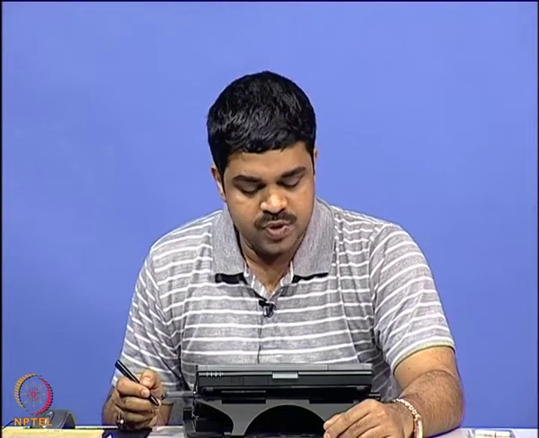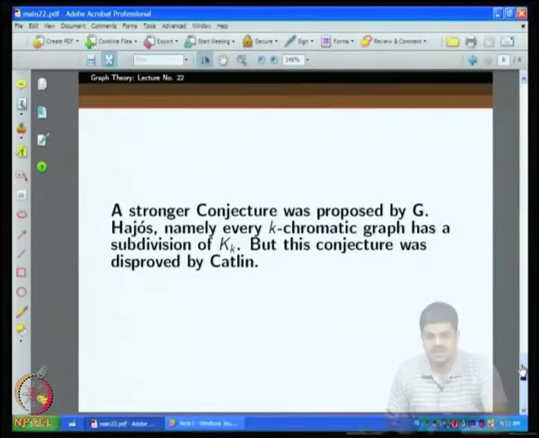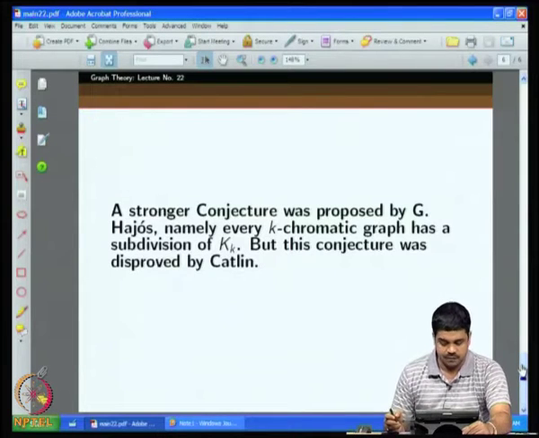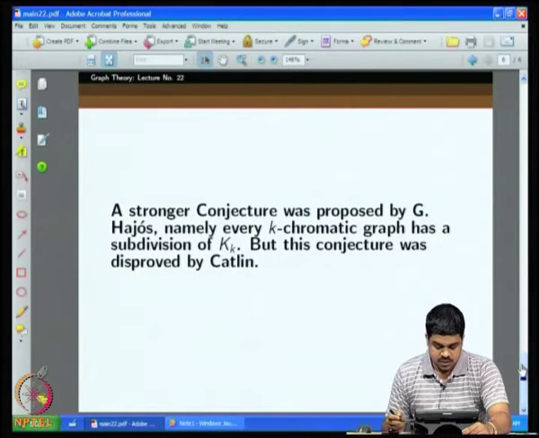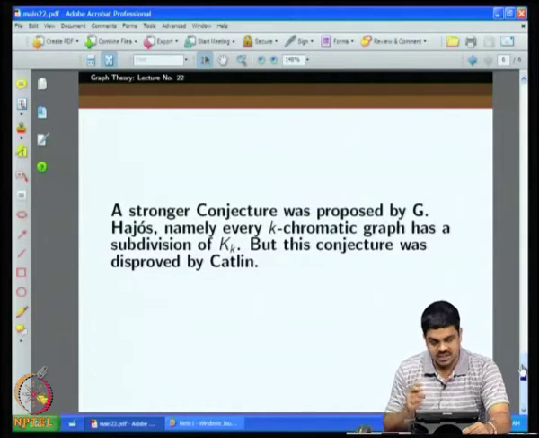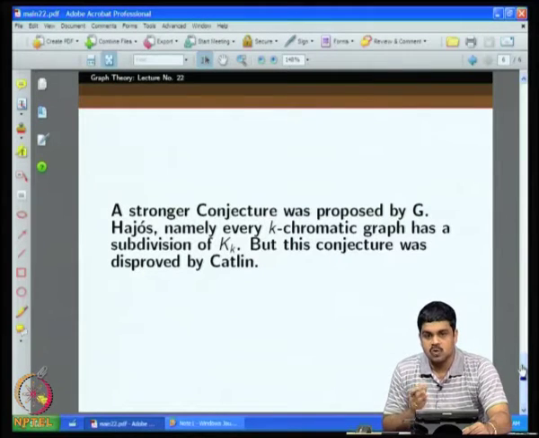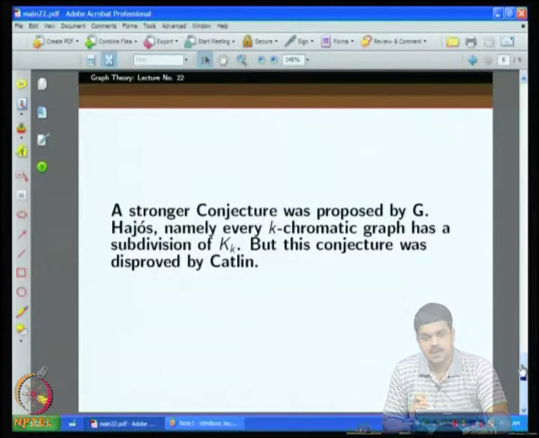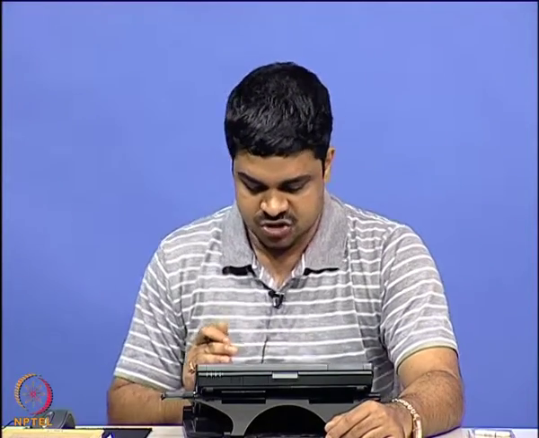But unfortunately this conjecture is not true, and it was disproved by Catlin. He showed a kind of graph which is k chromatic, but does not have a subdivision of K_k. And in fact, it can be shown using some probabilistic models which we have not yet discussed, that almost all graphs will be a counter example to Hajós's conjecture.